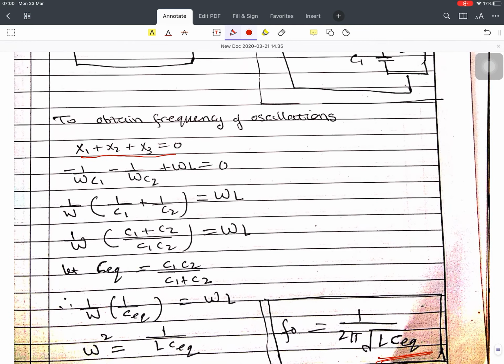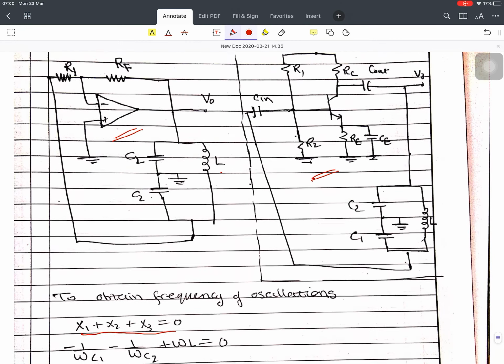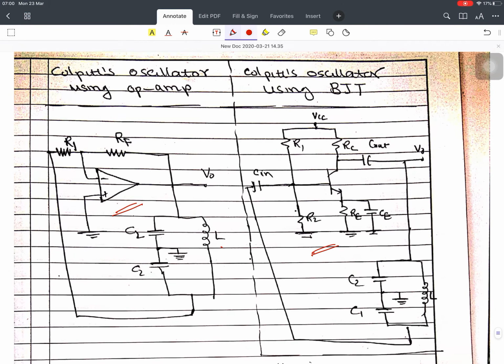Now these derivations are important. Plus, if you are asked to explain the working, you can go about it like this: this is an inverting amplifier, right? So this inverting amplifier provides the 180 degree phase shift. The same is the case with the CE amplifier, which also provides 180 degree phase shift. This feedback network will provide 180 degree phase shift.